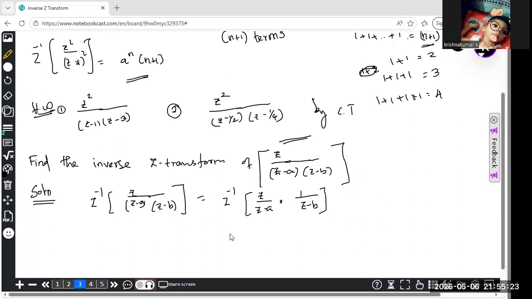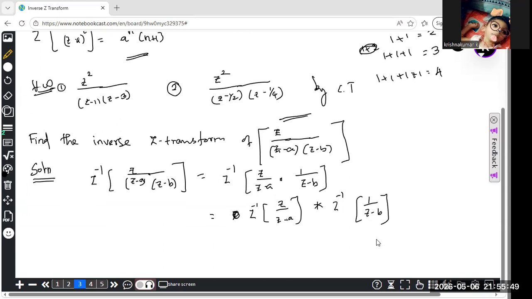If you take the inverse Z transform of each function, this will be equal to Z inverse of Z by (Z minus A), convolution star, Z inverse of 1 by (Z minus B). So that's it.